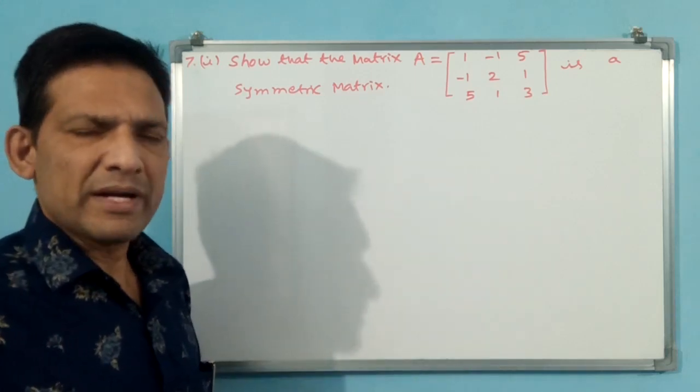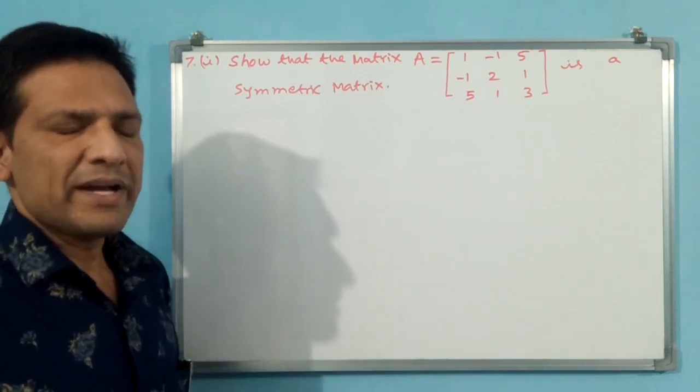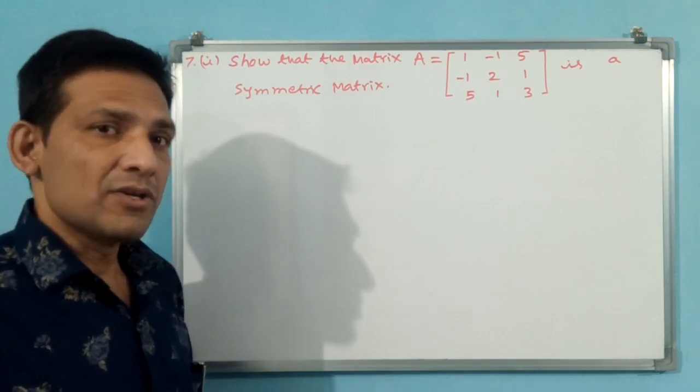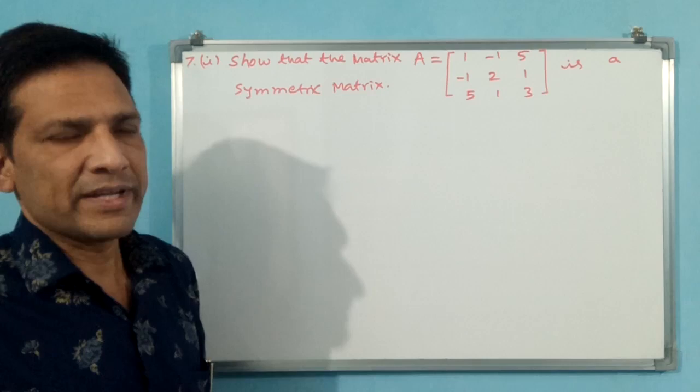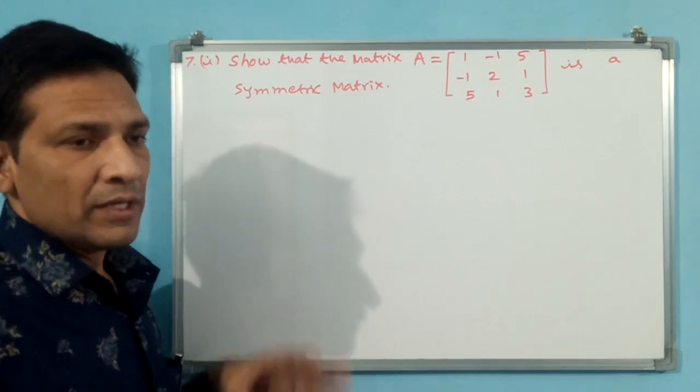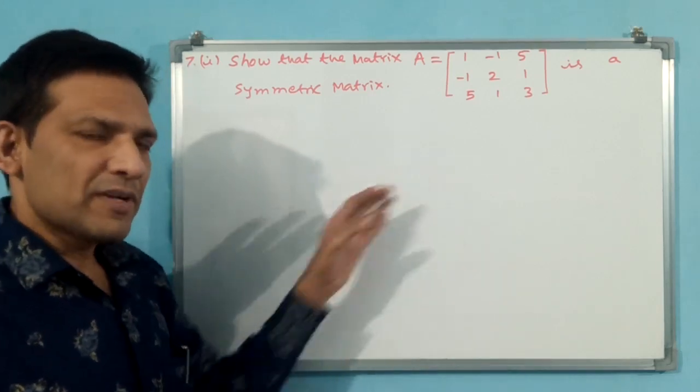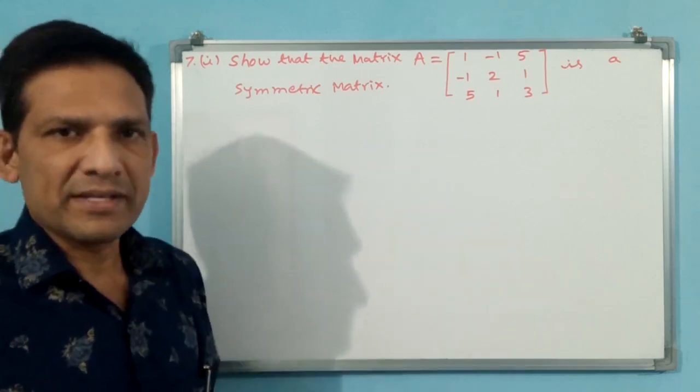Normally, what is a symmetric matrix? We know symmetric or skew symmetric matrices are square matrices. It is a square matrix, 3 by 3. Second point: in a symmetric matrix, even after transposing, the same matrix will come.